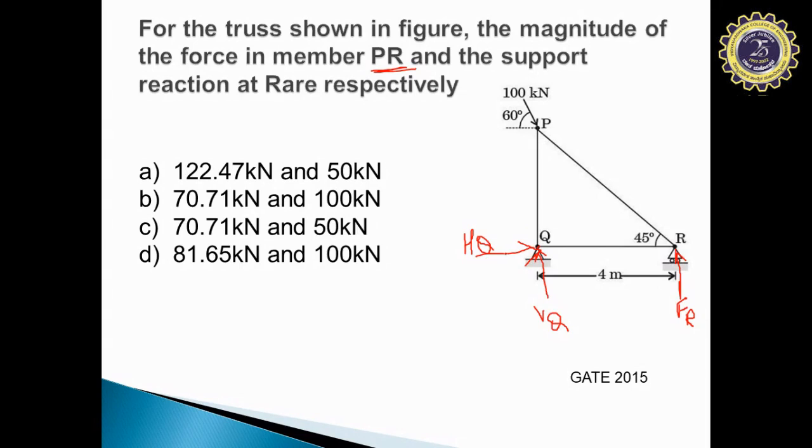That is the reason why if we take moment at Q equal to 0, we can easily eliminate two unknown forces, that is HQ and VQ, and there will be a moment due to force FR because there is a perpendicular distance between the point Q and the point of application of FR, that is R. So let us take the moment at Q so that we can easily find out FR, that is the force at R, which is the thing that we need to find as per the question.